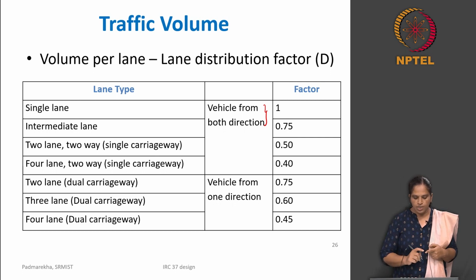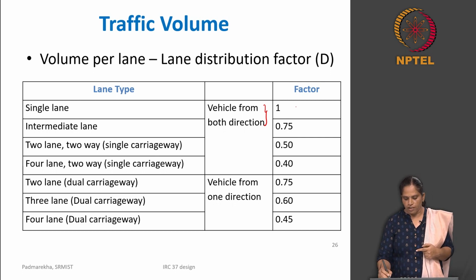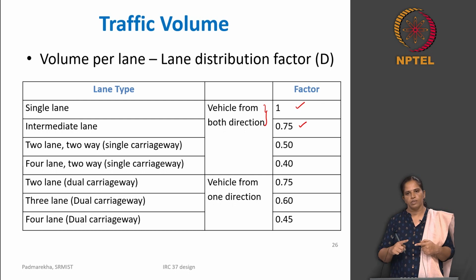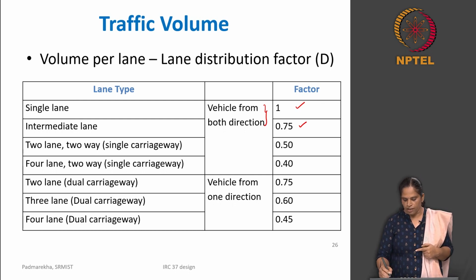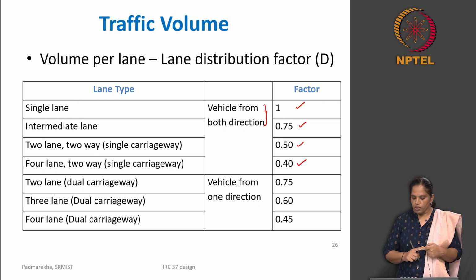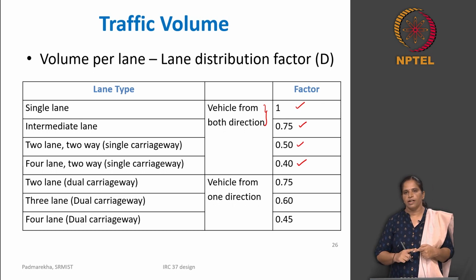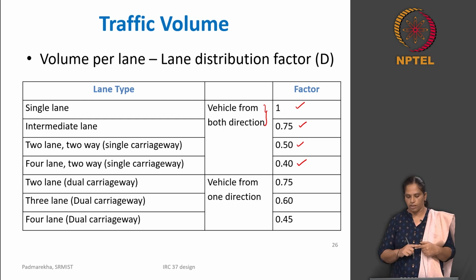In case it is a single lane, the lane distribution factor is considered as 1. For an intermediate lane, it is 0.75 times the sum of vehicles moving in both the directions. For 2 lane, 2 way single carriageway it is 0.5, and for a 4 lane, 2 way single carriageway it is 0.4. All these factors are applied to the sum of total vehicles flowing from both the directions.